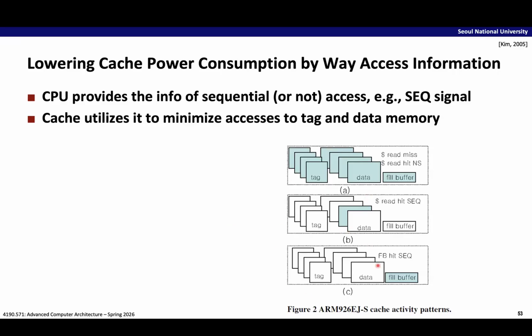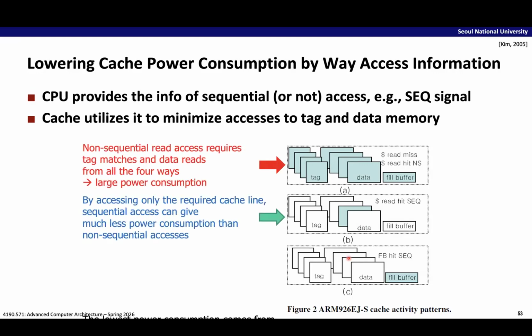By exploiting the fact that we are accessing the data in the same cache block, instead of accessing multiple tags and multiple data arrays, we have to access only this data array using that information of accessing the data on the same cache block. So this kind of optimization is commercialized in most of the processors.